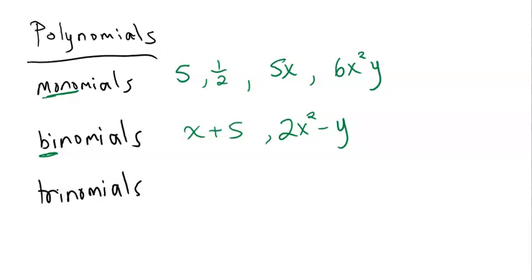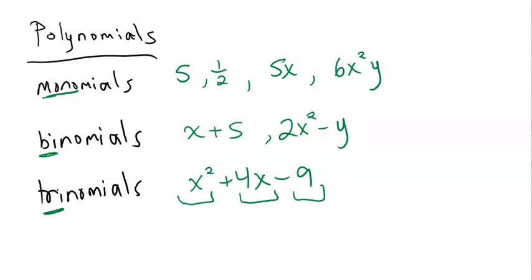Anytime we have those with two parts. And then a trinomial is going to have 3 parts. So something like x squared plus 4x minus 9 would be a trinomial. We see it has 3 monomials that are combined with either addition or subtraction.